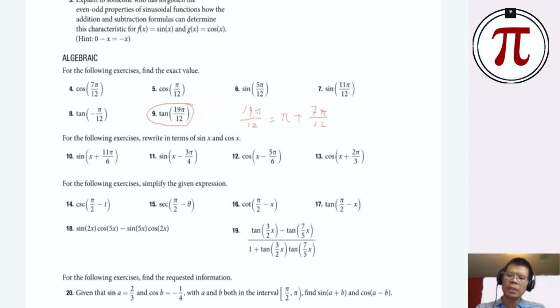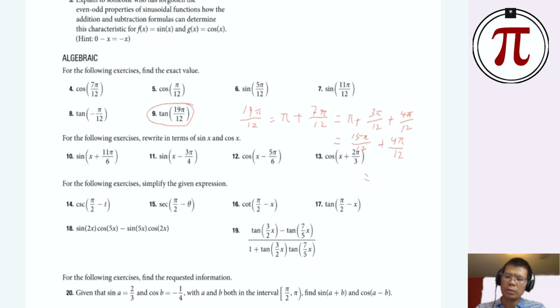Now this one can be written as 7 pi, say 3 plus 4, right? 3 pi over 12 plus 4 pi over 12. Now which can be also written as 15 pi over 12, right? Plus 4 pi over 12. Same thing, right? 15 pi over 12 and 4 pi over 12. So that's going to be 19.